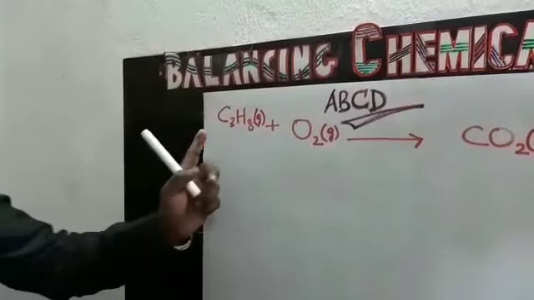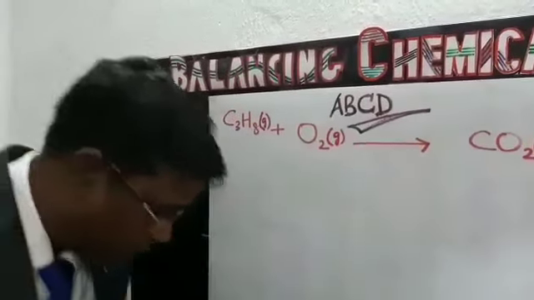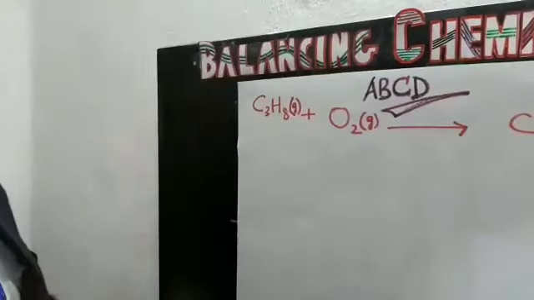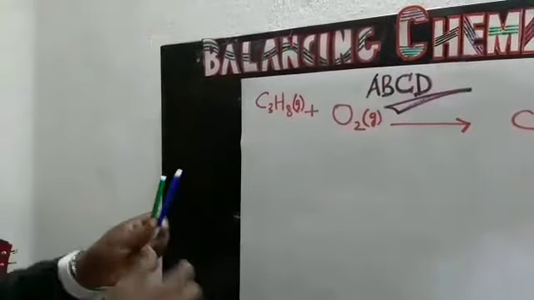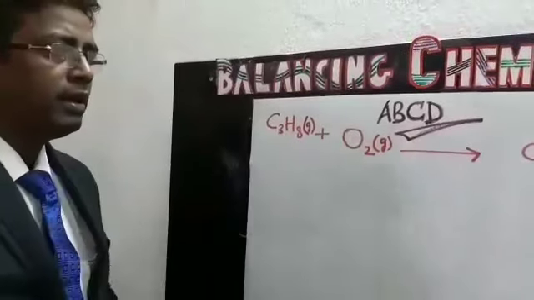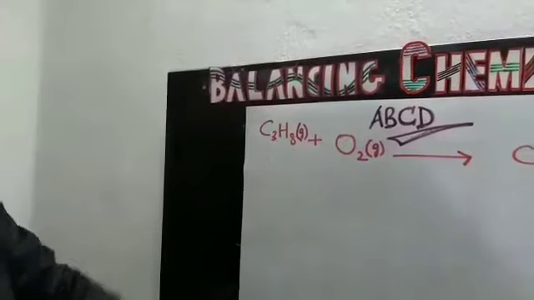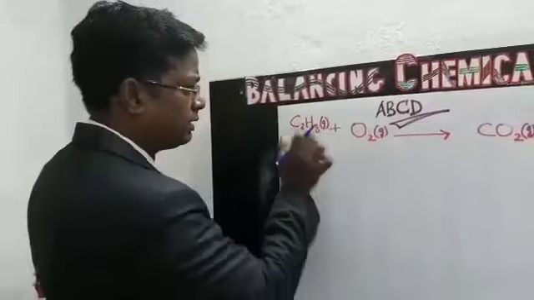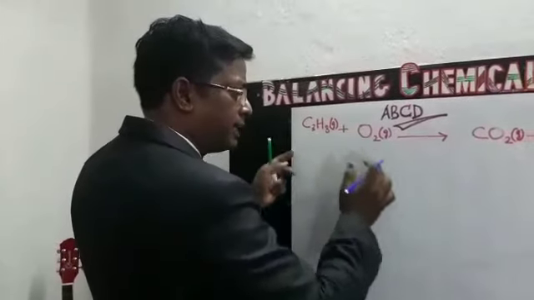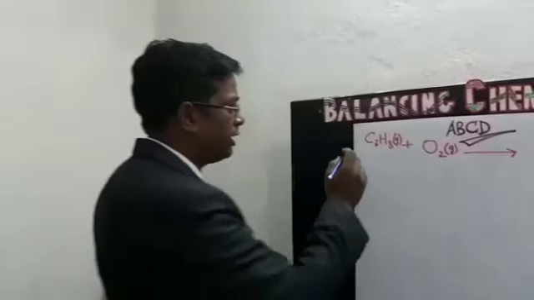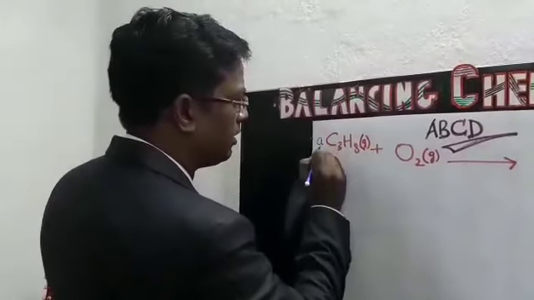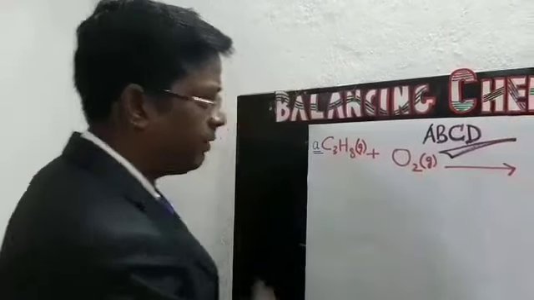Now, how to approach this equation by the ABCD method? First, we will be assigning a coefficient to each of these substances, the reactants as well as the products, individually. For C3H8, I will assign the coefficient small a.